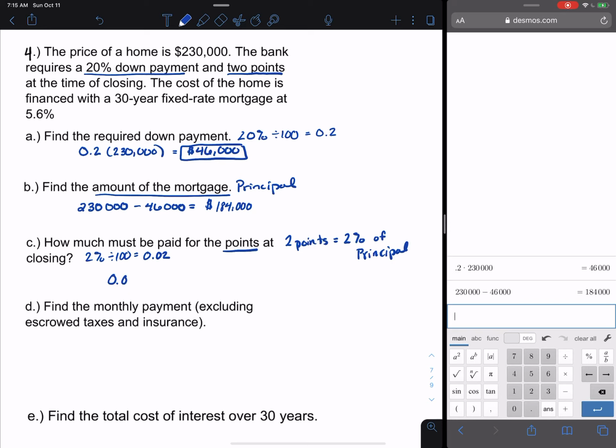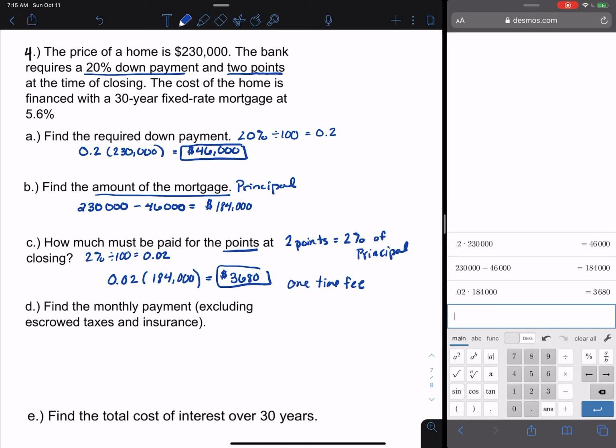So I'm going to take that 0.02 and multiply it by the principal that we calculated in Part B, that 184,000. So 0.02 times 184,000 gives me $3,680. So remember, this is a one-time fee. It's not going to affect our principal. It's not going to affect our monthly payment.